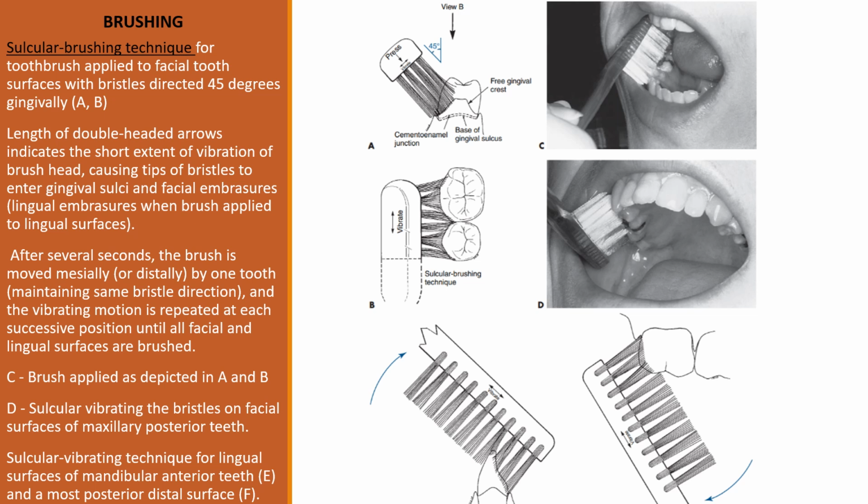In figure C, you can see the brush has been applied as depicted in A and B. D is also demonstrating the same circular vibrating motion and the circular vibrating technique for lingual surfaces of mandibular anterior and the most posterior distal surface have been demonstrated in the bottommost pictures.